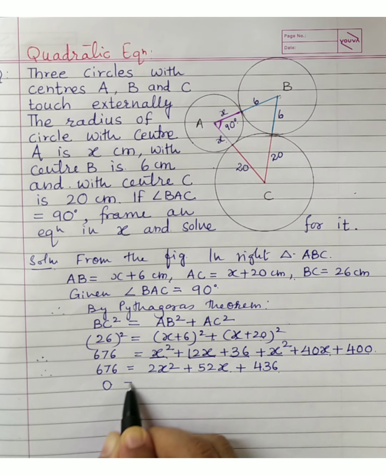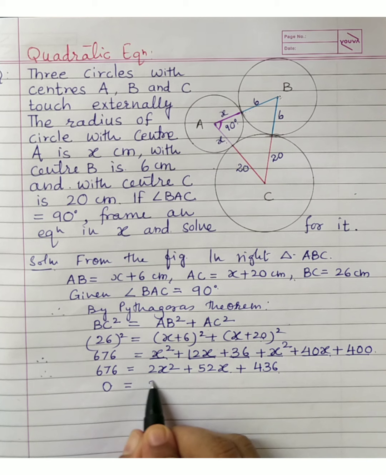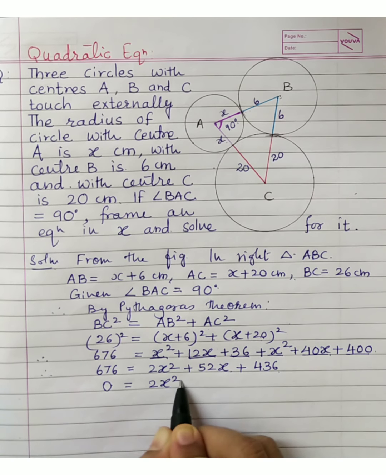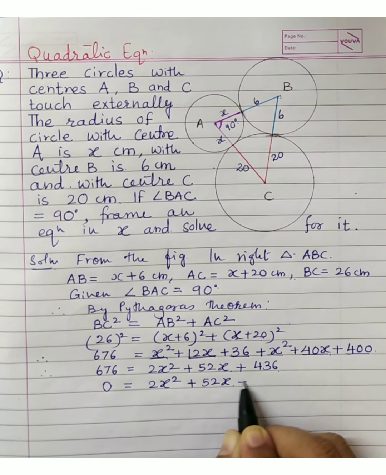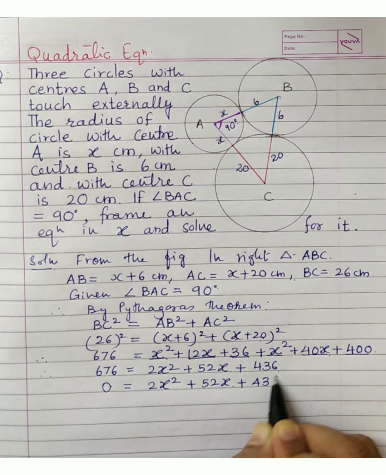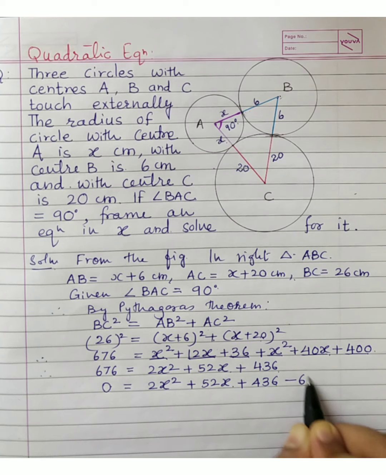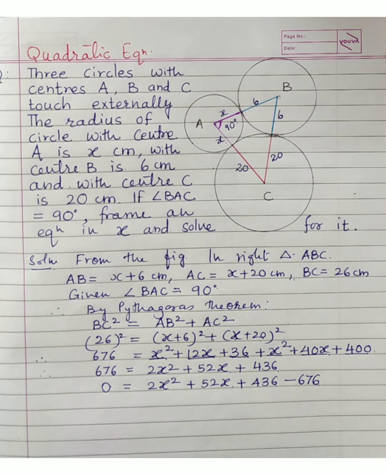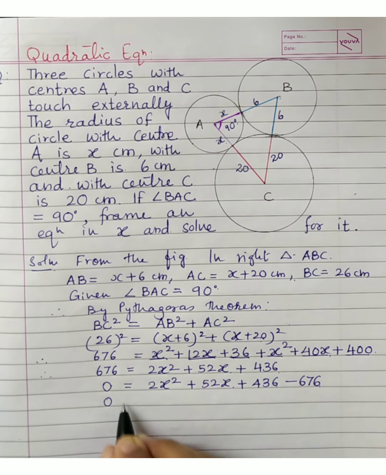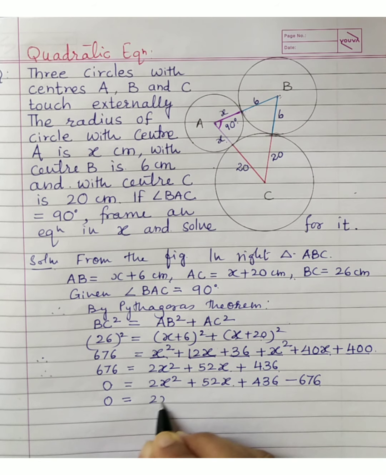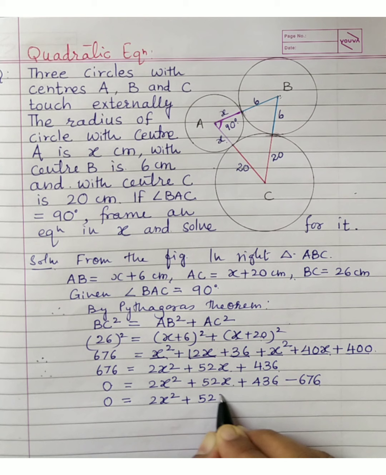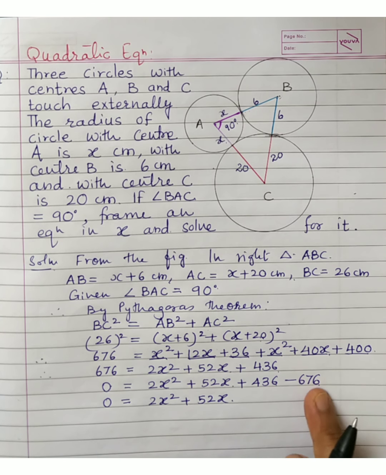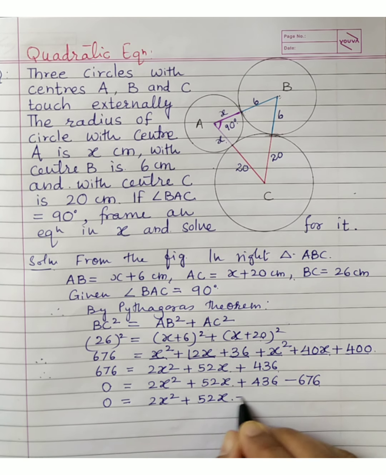We need one side 0, so I will shift 676 to this side. 2x square plus 52x plus 436 minus 676. Okay, this gives you 0 is equal to 2x square plus 52x. 436 minus 676 will give you what?